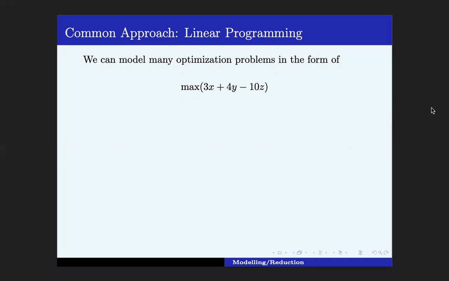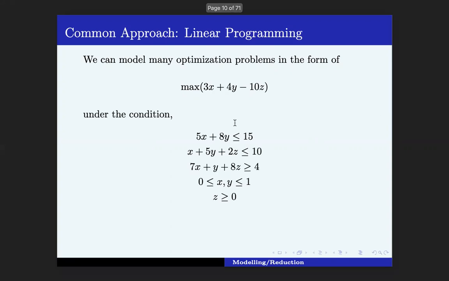Okay. So basically, linear programming is a very generic, very abstract problem. It says that your goal is to maximize a linear equation, for example, maximize 3x plus 4y minus 10z, where x, y, z are the variables, under some set of constraints.